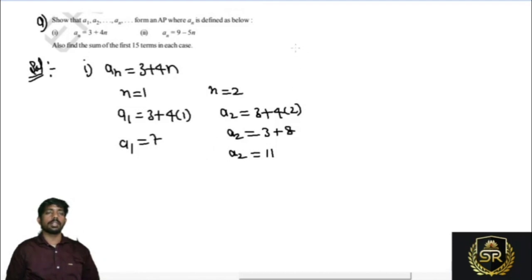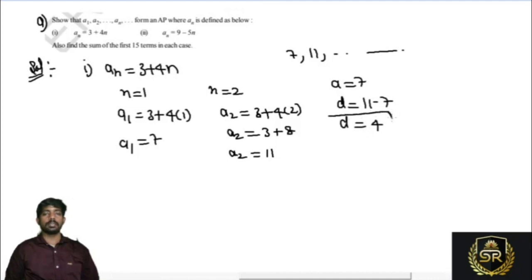The common difference we don't know yet, right? The first term is 7, and the common difference is the next term minus the first: 11 minus 7, which is 4. So the common difference is 4, and the first term is 7.